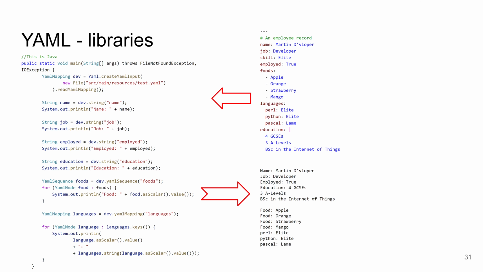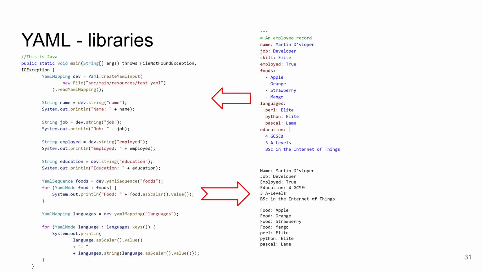However, every YAML parser knows how to parse a sequence, so that's how we are parsing foods. So here we parse foods as a sequence, and then for each food in the foods, we output the food. Here you can see that each food is a YAML node.